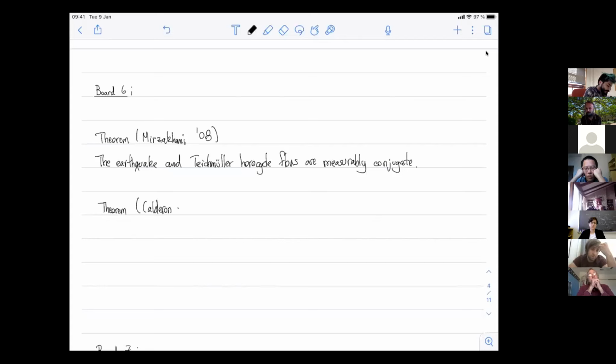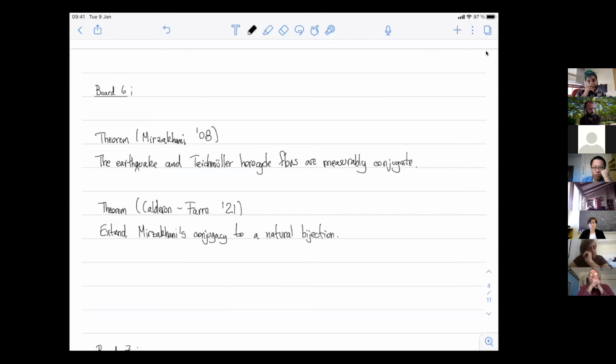This is very recent, but it turns out that you can extend Mirzakhani's conjugacy to a natural bijection. So it's a map that's defined everywhere, but it turns out that the map is still measurable. It's not continuous, but it's defined everywhere. You can make sense of this conjugacy at every point.